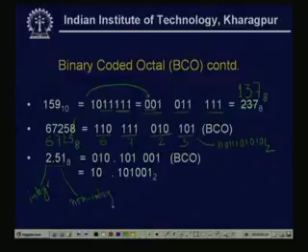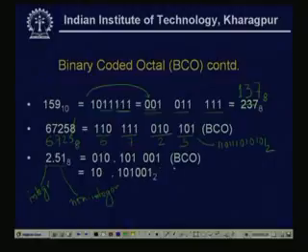In the integer portion, the 2 is represented by 3 binary bits 0 1 0. Now, the non-integer portion can be represented similarly. So, 5 means 1 0 1 and 1 means 0 0 1.